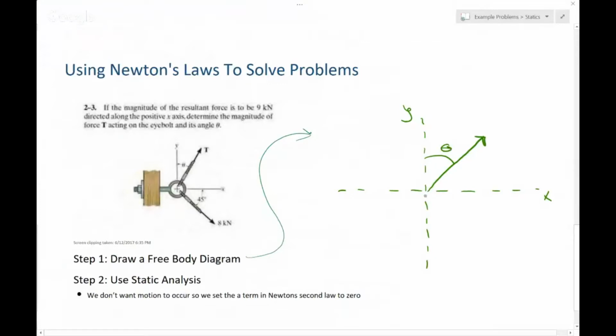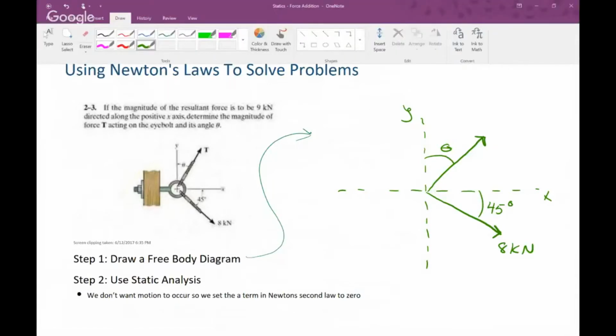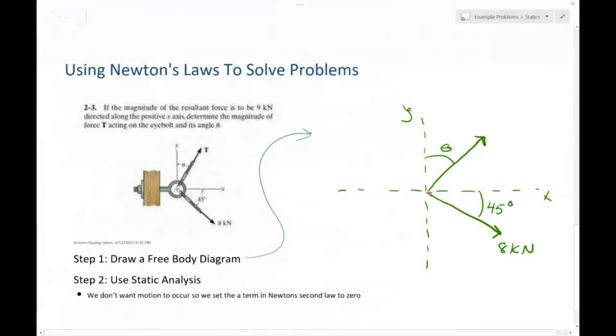And then we have the force of 8 kilonewtons going in this direction at an angle of 45 degrees. And then these are supposed to add together to result in a force that is going to be along the x-axis and have a magnitude of 9 kilonewtons.